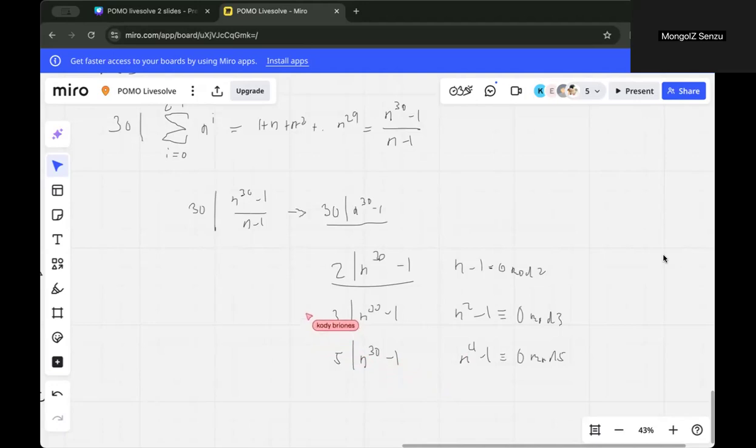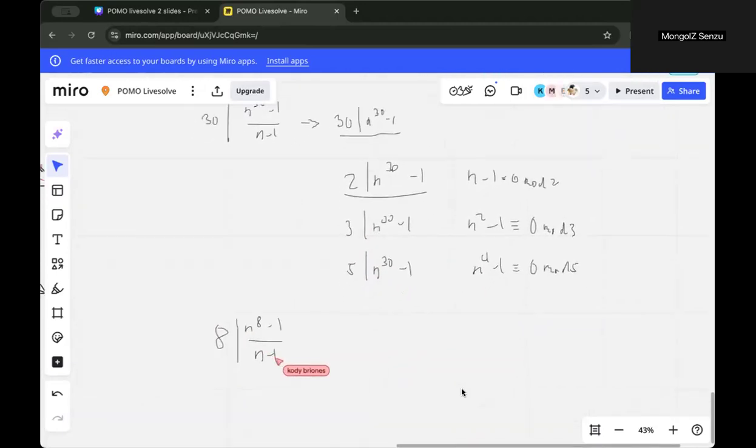So an example that works would be like 8. If we do this case for 8 again, we'll have 8 divides n to the 8 minus 1 over n minus 1. And we just have to check the fact that 8 divides n to the 8 minus 1.